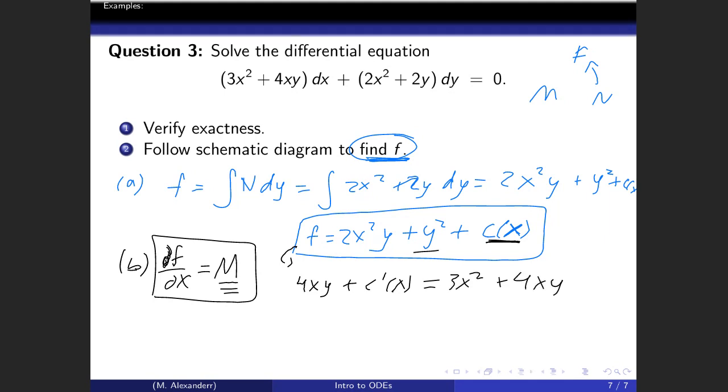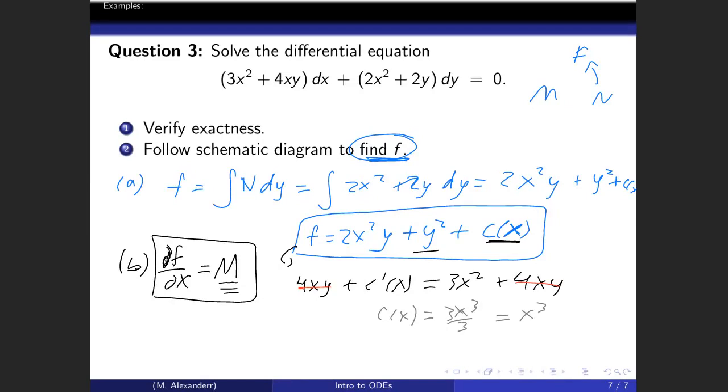And so what does that mean? That means that we can cancel out the 4xy from this equation, and so now we integrate this, and the integral of 3x squared is 3x to the third divided by 3, and so this just simplifies to x to the 3. And then yes, technically there is a constant there.